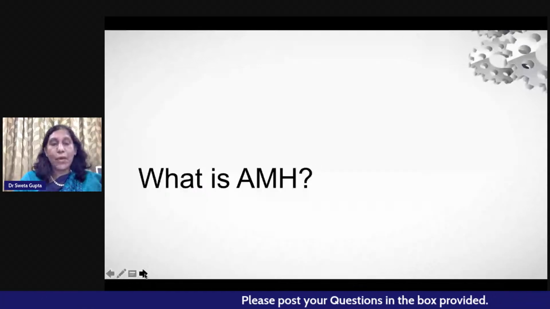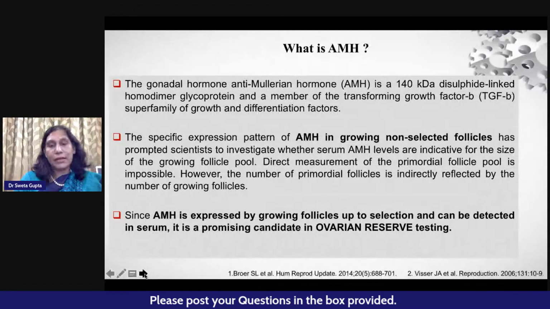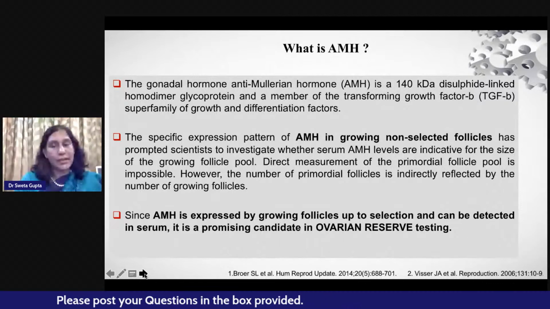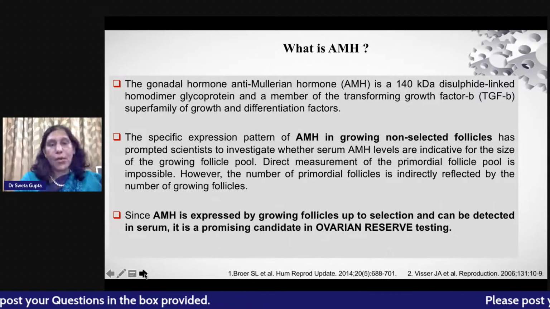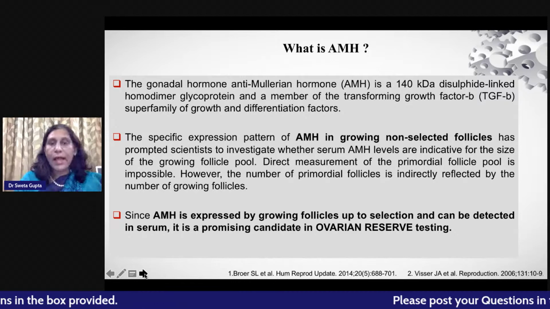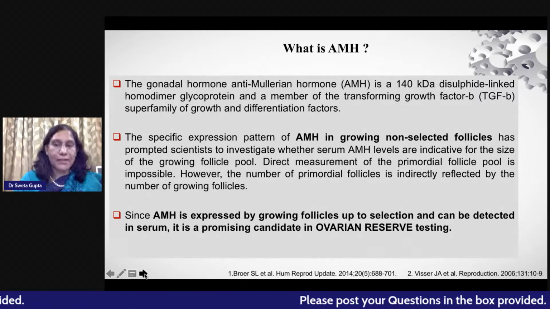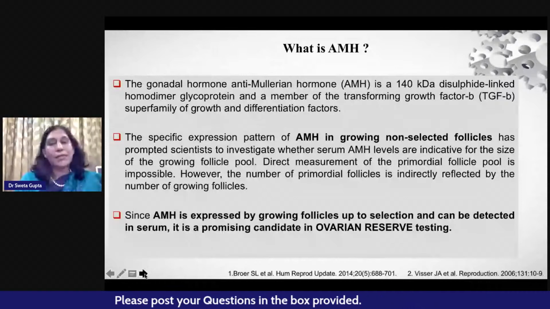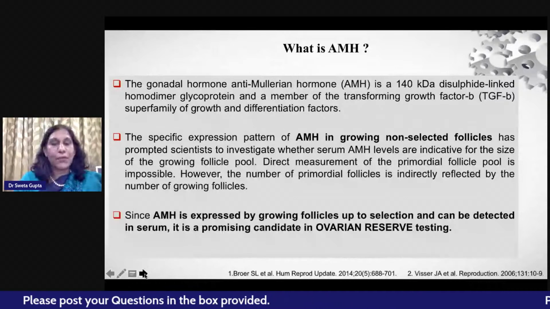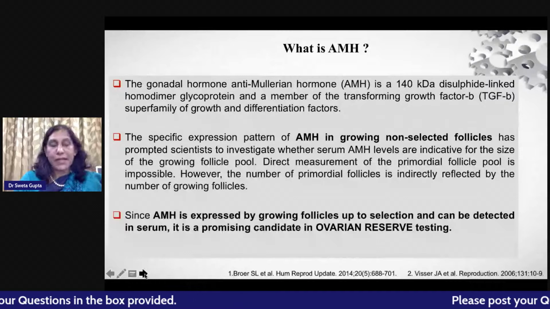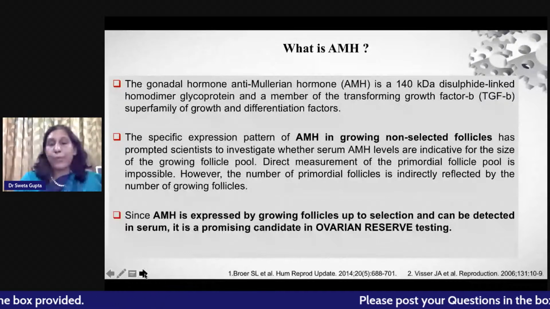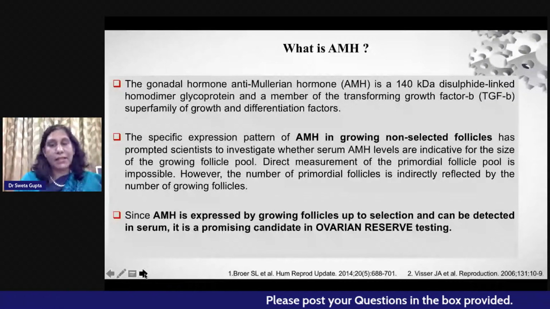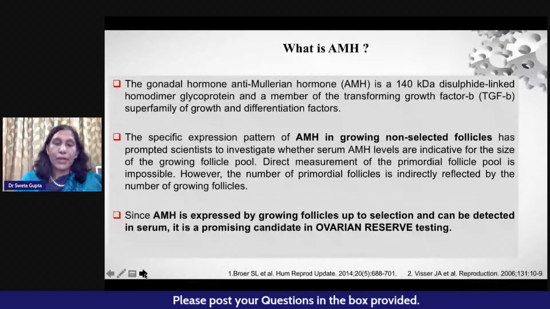What is AMH? AMH, or the anti-Mullerian hormone, is a 140 kDa disulfide-linked homodimer glycoprotein and a member of the transforming growth factor beta family. This specific expression pattern of AMH in growing non-selected follicles has prompted scientists to investigate whether serum AMH levels are indicative of the size of the growing follicle pool.